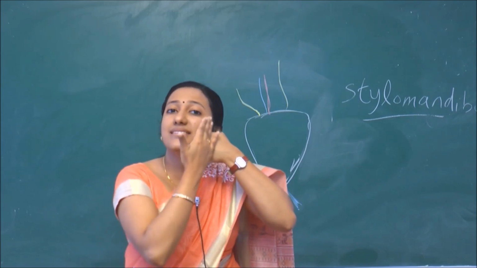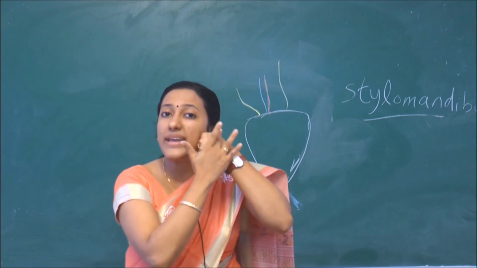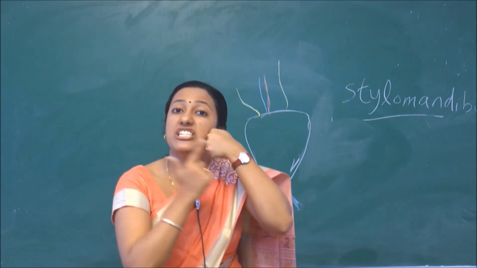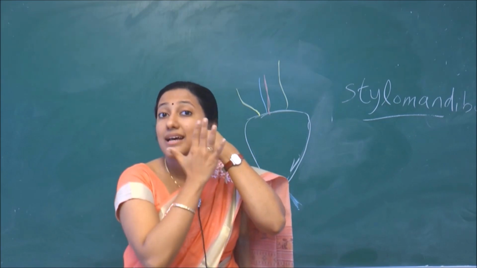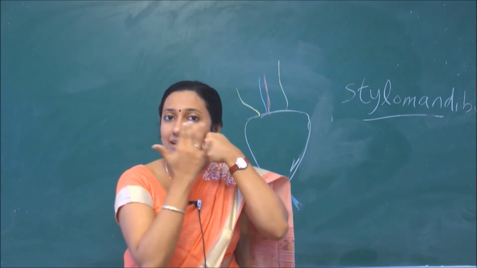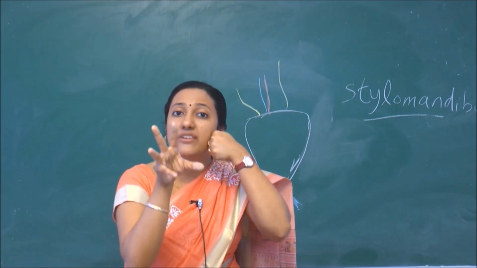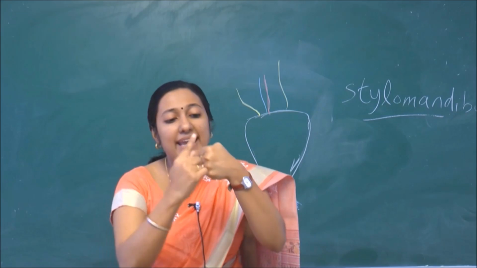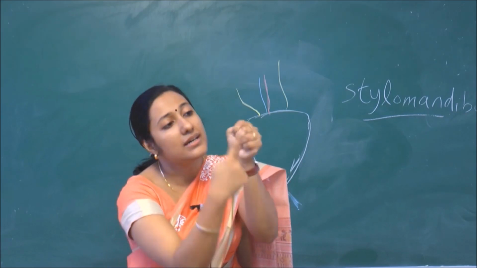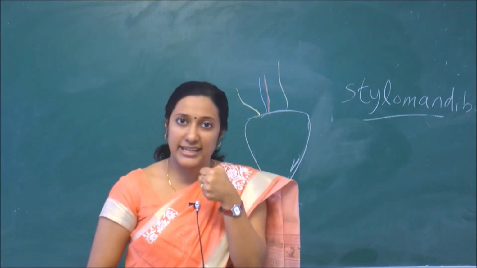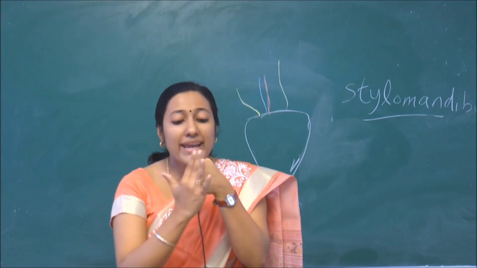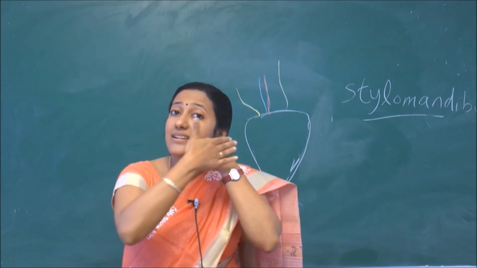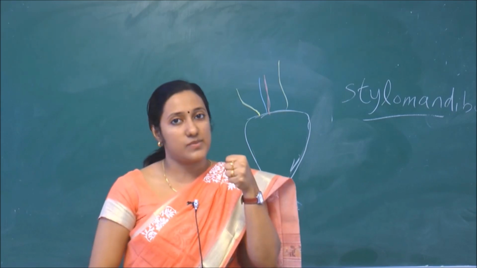Whatever we are seeing of the parotid gland is mainly the lateral surface or the superficial surface. This is the surface which is visible. The borders, once again, are the anterior border, the medial border, and the posterior border. Between the anterior border and the posterior border, you have the lateral or superficial surface.